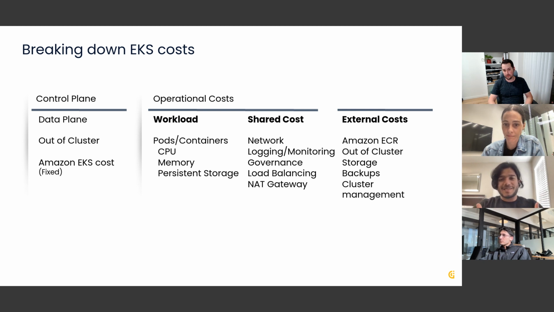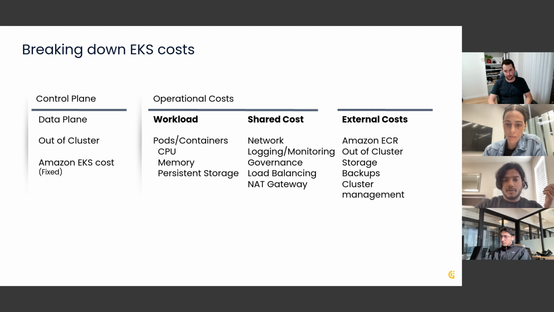And some of the external costs associated with that are also Amazon ECR, which is our container registry where you can create private registries. And then out of cluster storage, let's say you want long-term archival storage in the form of S3, backups of clusters, and even just overall cluster management and upgrades and such. So these are some of the ways that you can end up spending a lot of money on Amazon EKS.